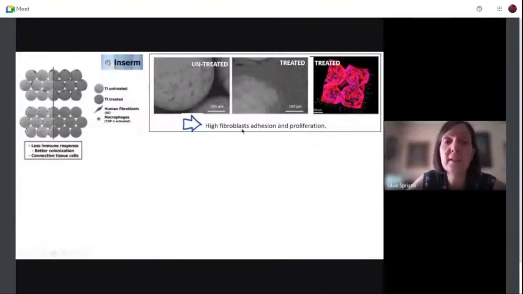And we tested also fibroblasts, and you can see here on the beads of the laryngeal implant that without any treatment, the number of fibroblasts is low, but on the treated surface, the proliferation of fibroblasts is higher. So in this case, probably the roughness is low enough to have a good behavior of both osteoblasts and fibroblasts.